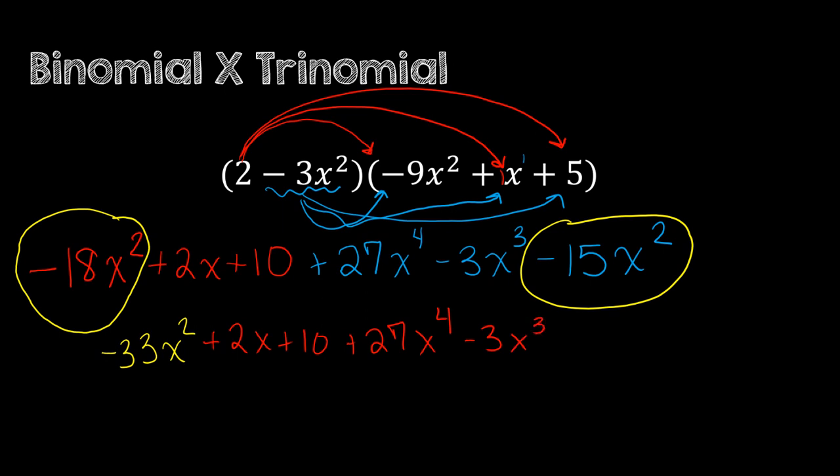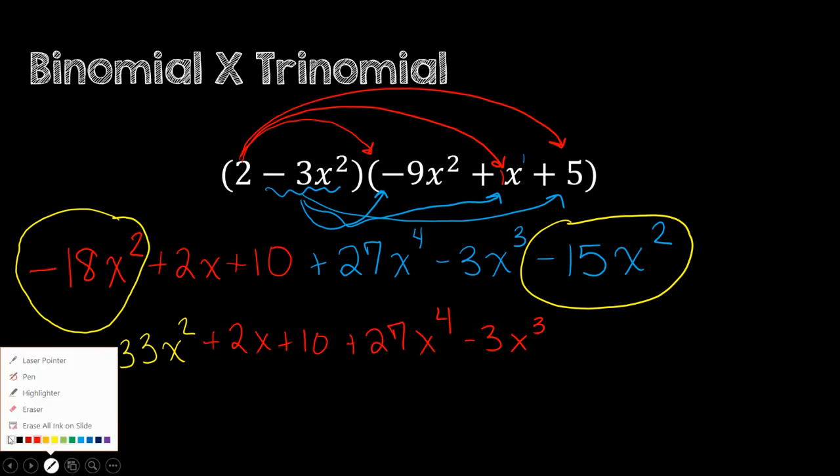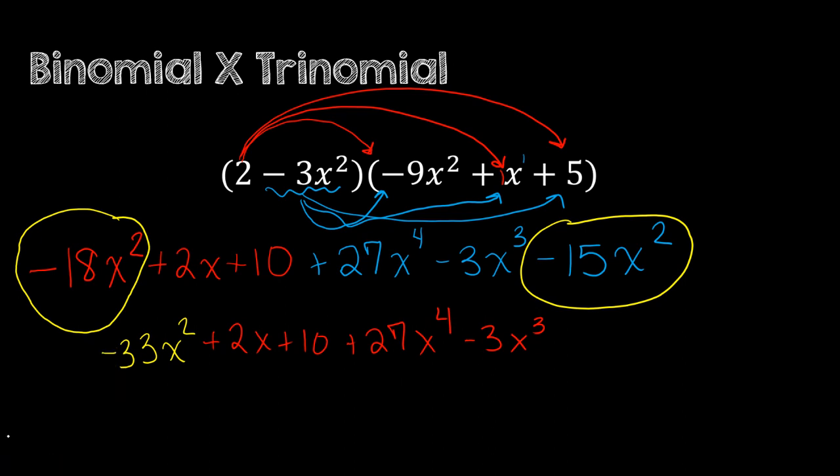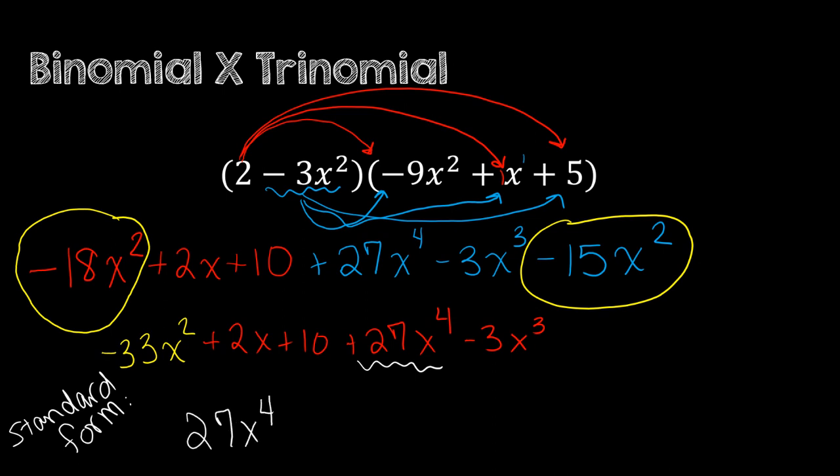Now, if I want to write this in standard form, which is what our goal is eventually, I want to look for the highest power. So 27x to the 4th is the highest power. So that's going to come first.